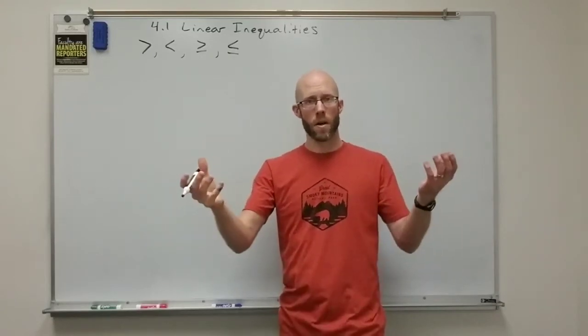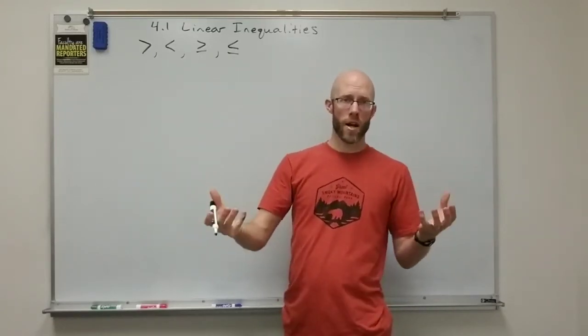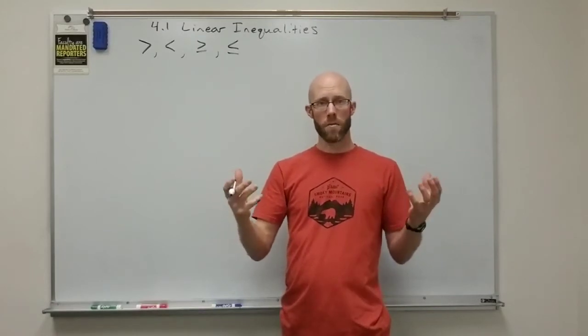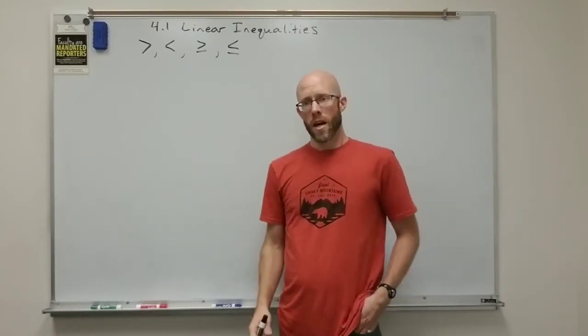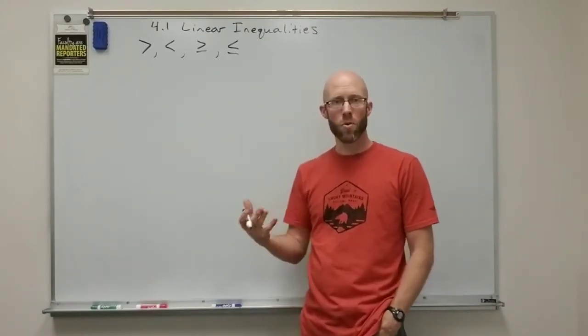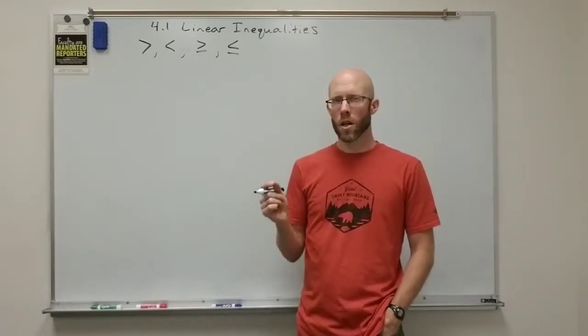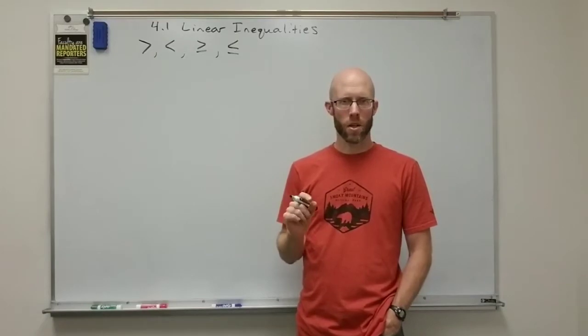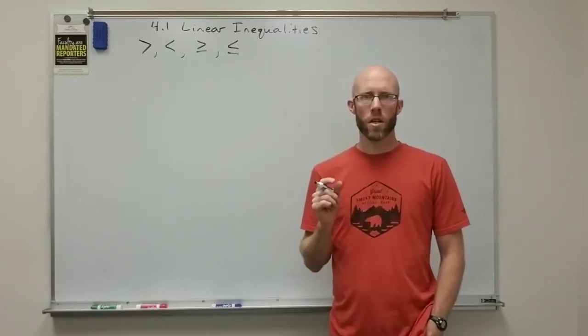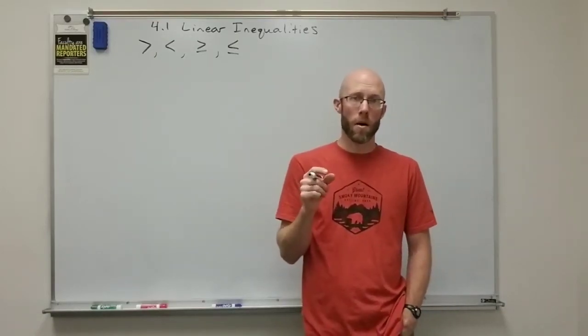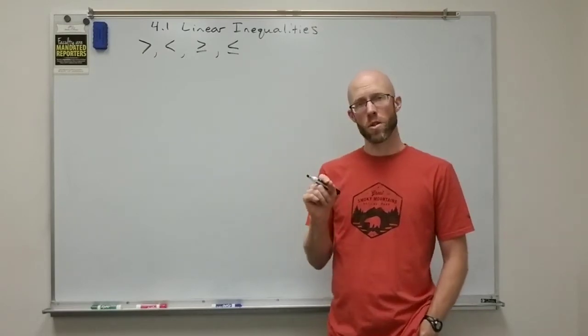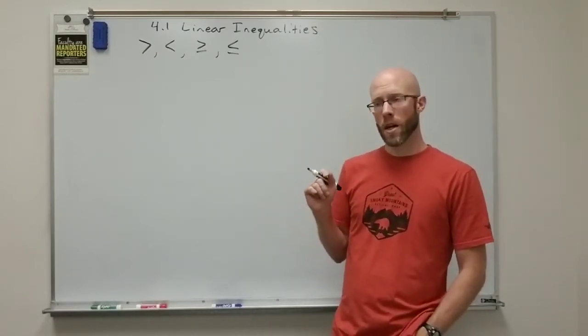You're adding the same amount to both sides, or subtracting, or multiplying, or dividing the same amount from both sides. Most of what we're doing is the same as solving an equation, but there's a couple exceptions to that. There's a couple little tweaks that you need to make. They seem little, but they're actually very significant, and there's some reasons why they occur.